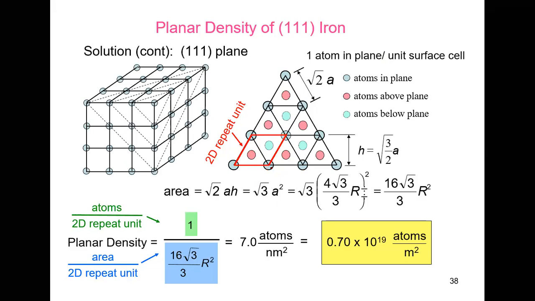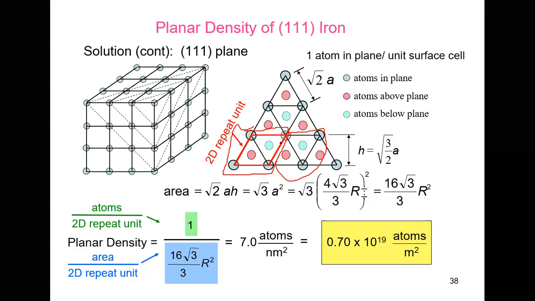Now it's a triangle, so it is very difficult to find the repeat unit here. So what we are going to do is take another 111 plane from the neighboring unit cell. Then this will be the 2D repeat unit, and then another 2D repeat unit, and so on. So now we got the 2D repeat unit.